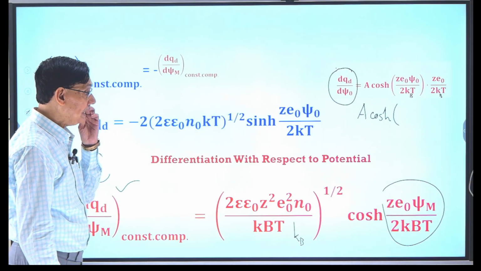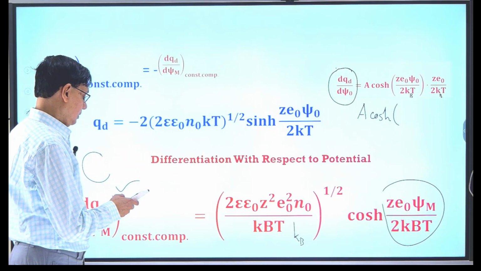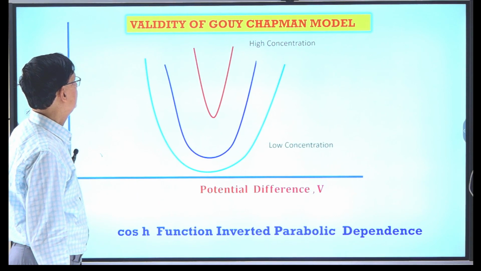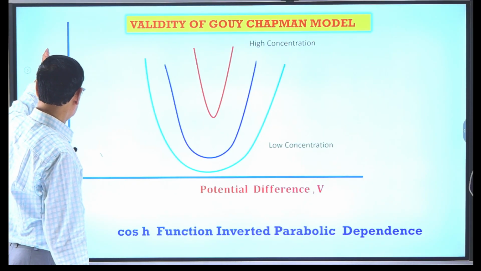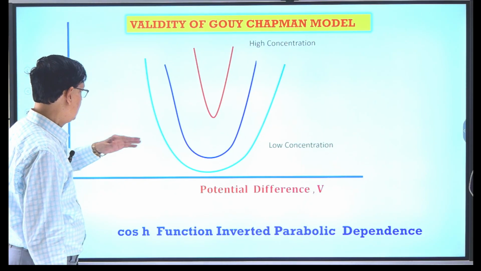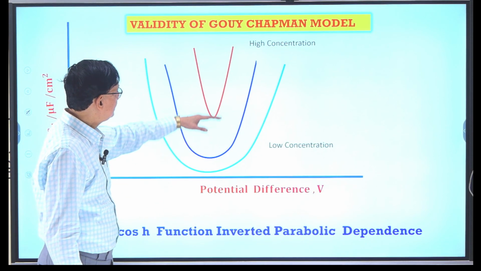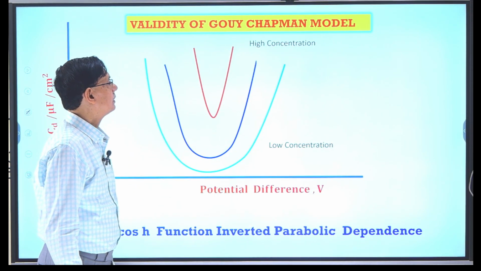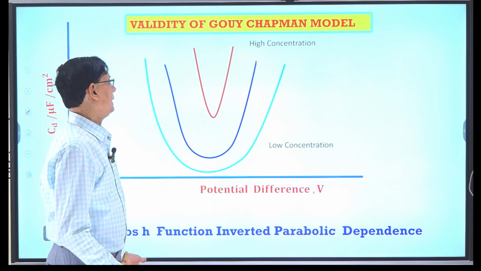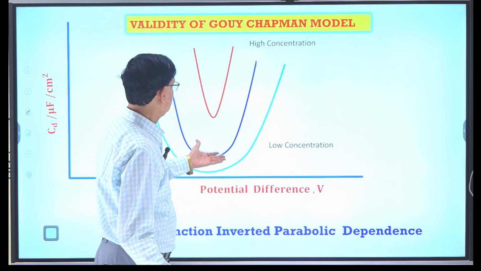So how do I validate this thing? When I plot a graph between the capacitance and this potential difference with different concentration, you see that this is high concentration and low concentration.